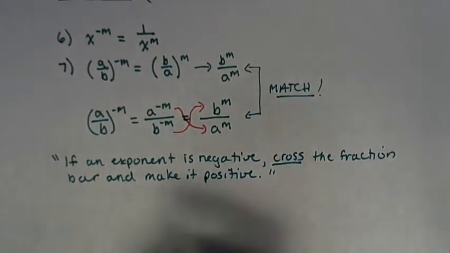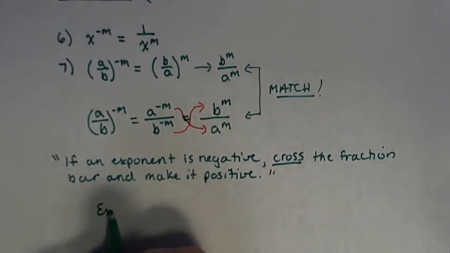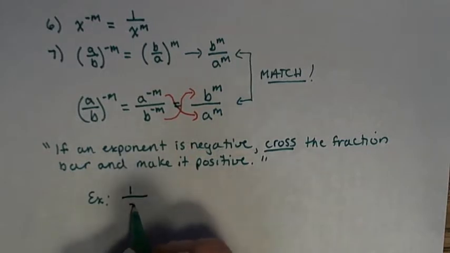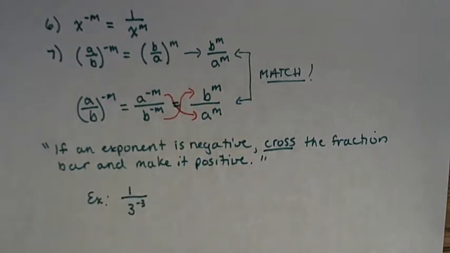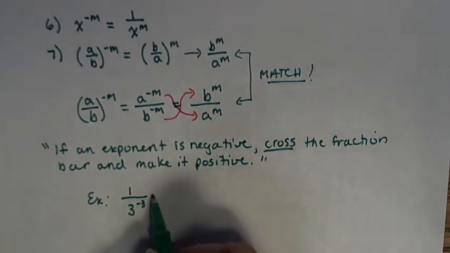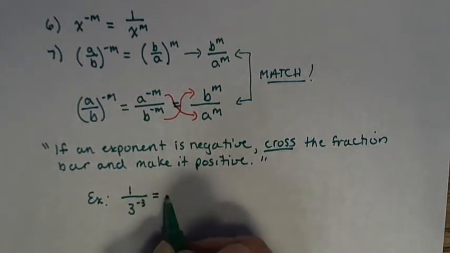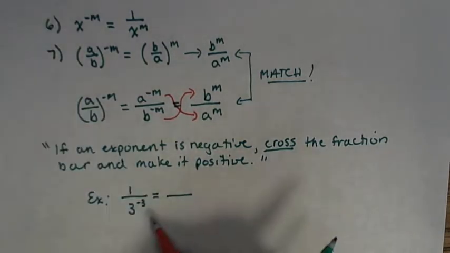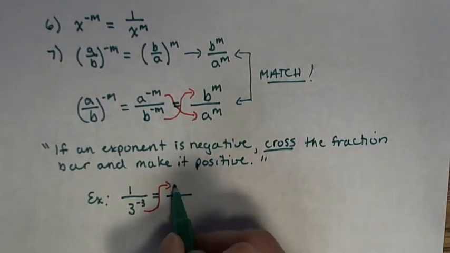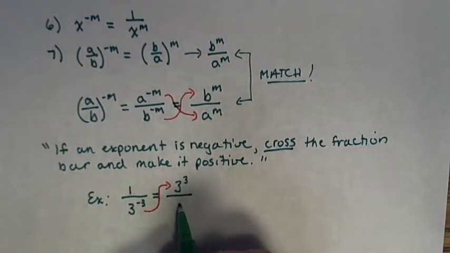So, in other words, let's say, for example, that I gave you the problem 1 over 3 to the negative third. Now we haven't looked at that where we have a value in the denominator that's negative. Now according to the statement I just wrote, what that says is I simply take this 3 to the negative 3, bring it up here, and make it 3 to the positive 3.